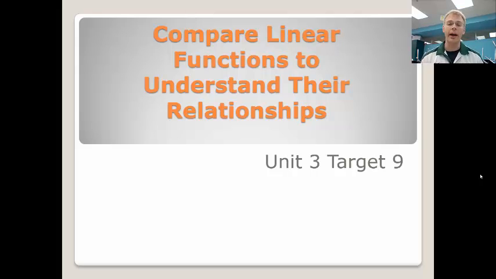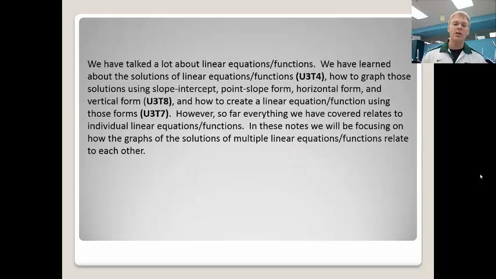It's been a little while, but we're back here to talk about what happens when we take linear functions and compare them on the same coordinate plane, and to understand the relationships that they have with each other, right? So we've talked a lot about linear equations and linear functions in this unit. In Target 4, we talked about what a solution was and how we represent an infinite number of solutions.